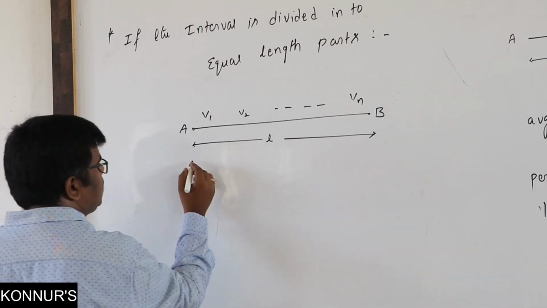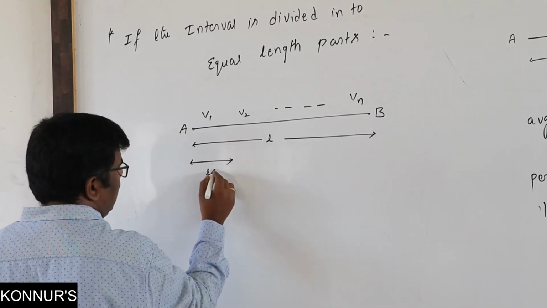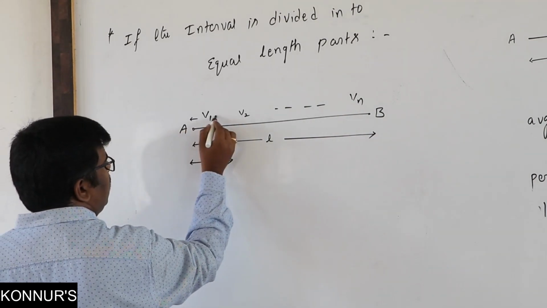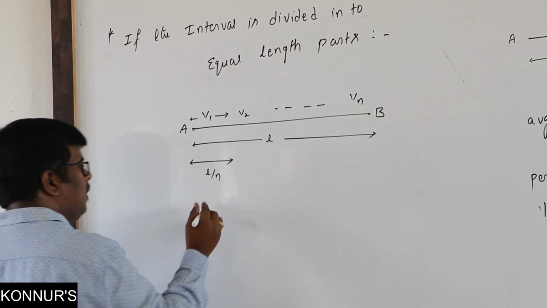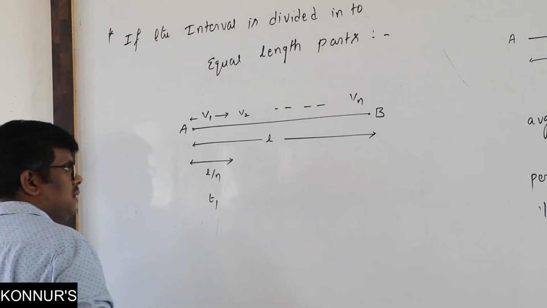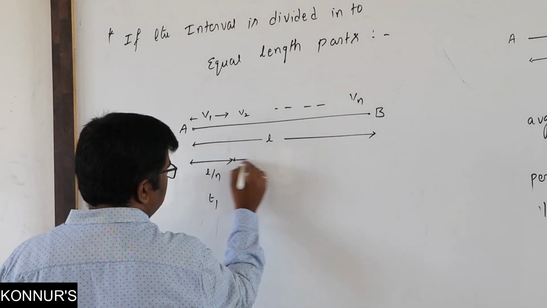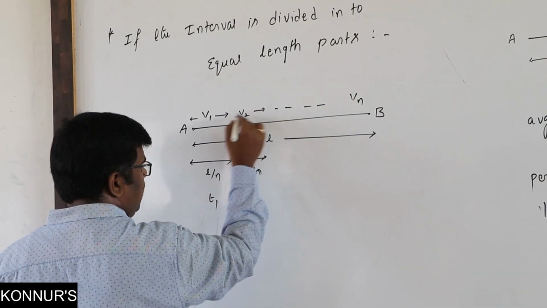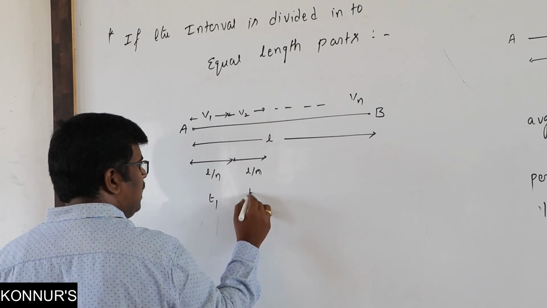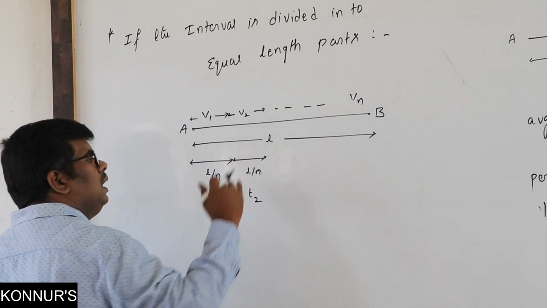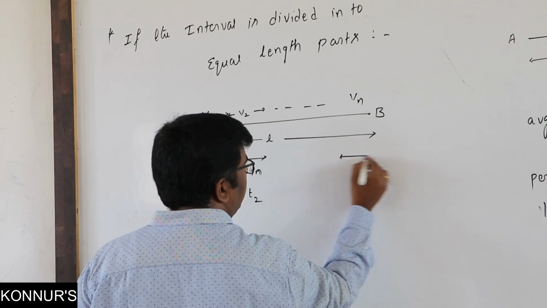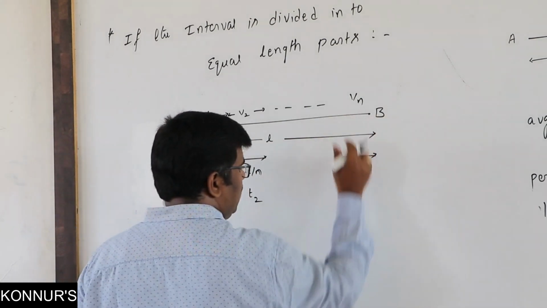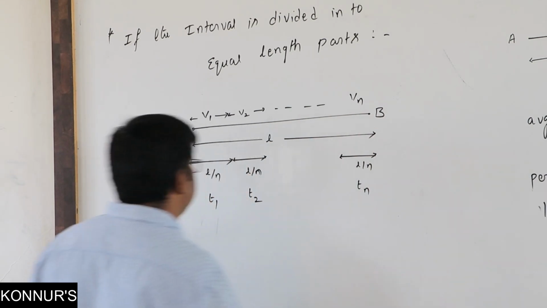Suppose the first L by N distance is traveled with a speed V1, and the time taken for that is T1 seconds, and the next L by N distance is traveled with a speed V2, in time T2. In the same way, the last L by N distance is traveled with a speed Vn in the time Tn seconds.